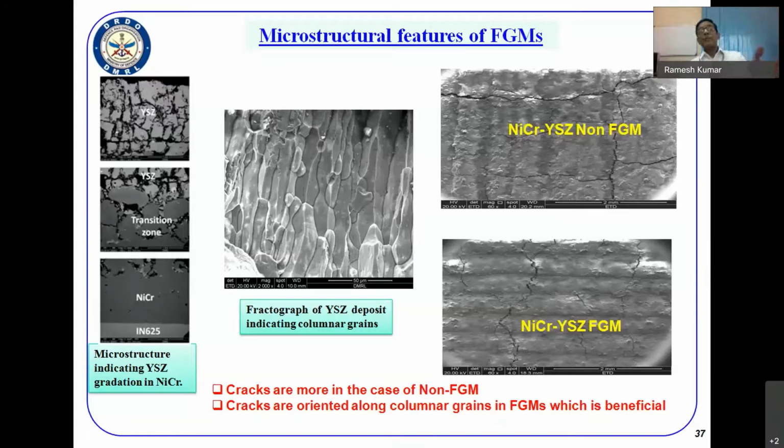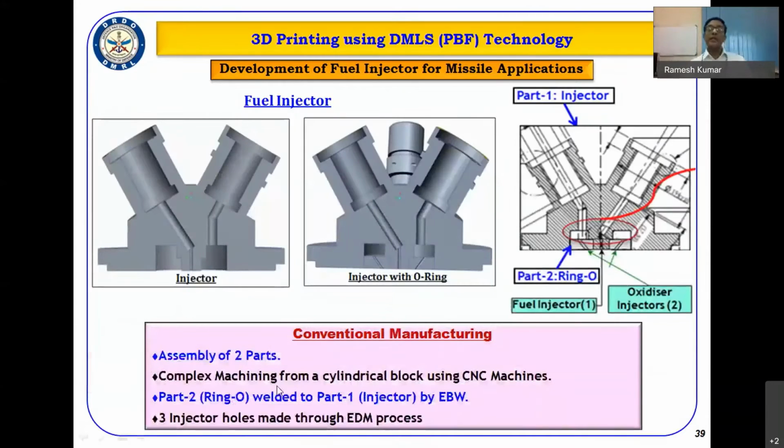As such, the component cannot be made. There is a requirement for changes in the design. What changes are required? There was an internal duct, into which the oxidizer will come and sit before being finally ejected out. This internal duct was of rectangular cross section in conventional manufacturing.